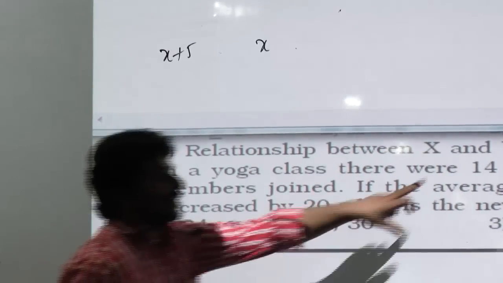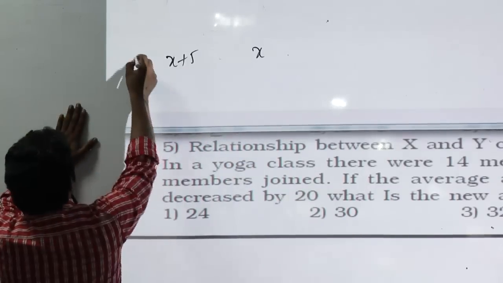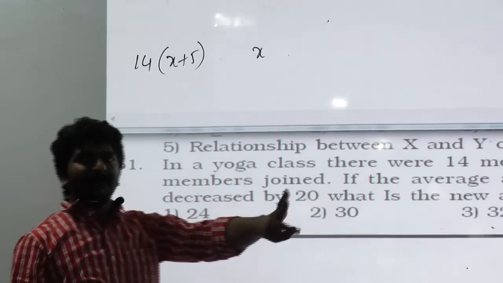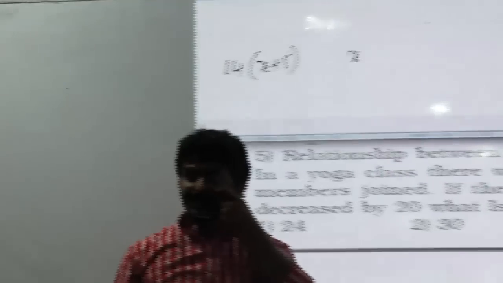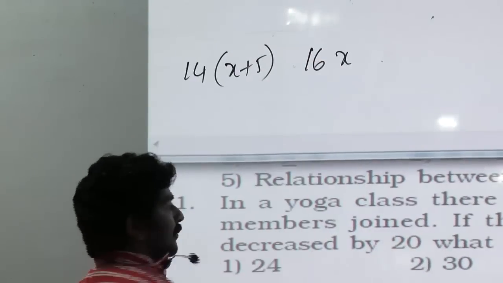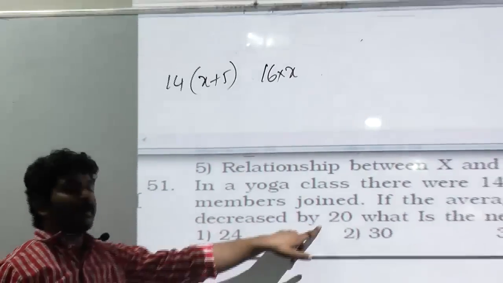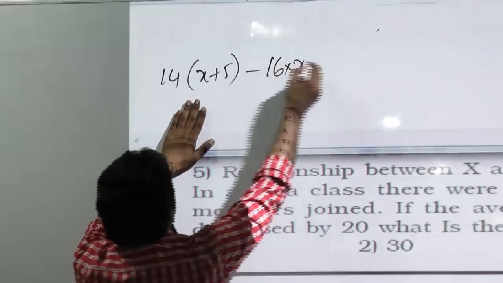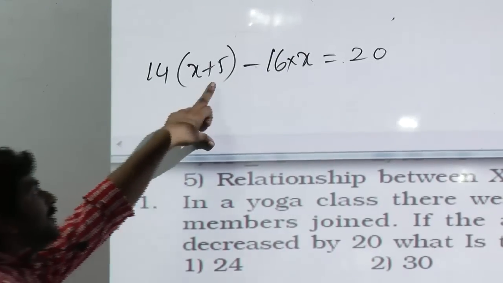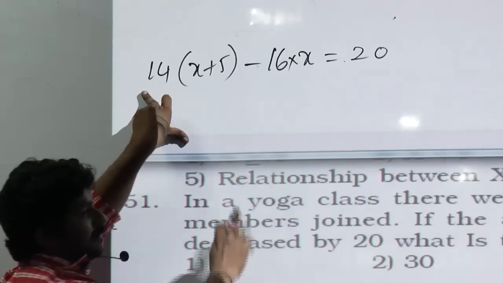Now how many members you have initially? 14 members. Their average is x plus 5. So sum becomes 14 into x plus 5. And later 4 members left and 6 members joined, and there will be 16 members now, whose average is x. Their sum becomes 16x. The total decreased by 20. So total difference is equal to 20. 14 times 5 is 70. 14x minus 16x is minus 2x.